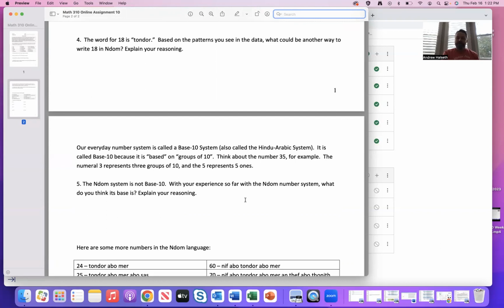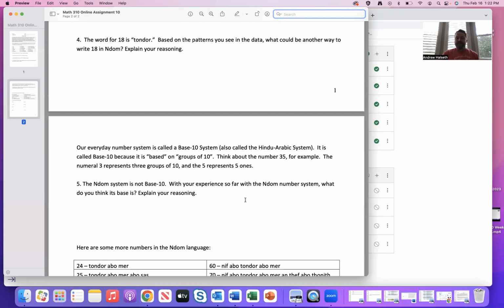And then the 5 is 1s. Okay, so in our numerical system, we have place value, and the position of the number has a significance, and that's in some sort of groups of 10 or powers of 10, right? Maybe the next number will be at the hundreds place, which is 10 squared. So everything's based off of 10, okay?